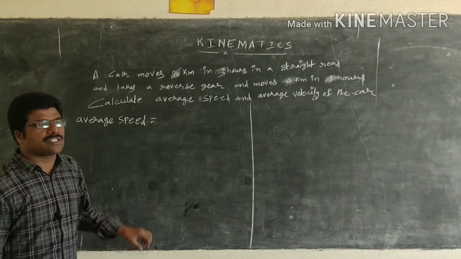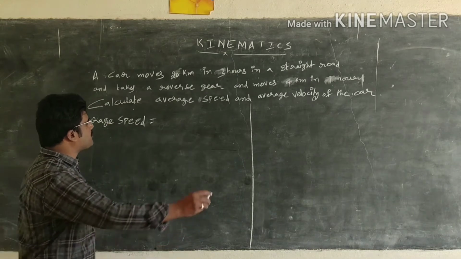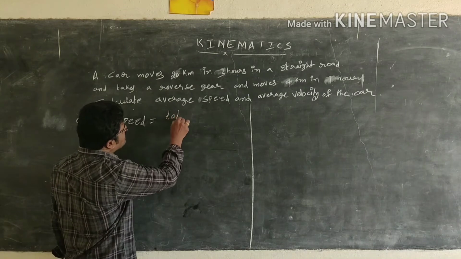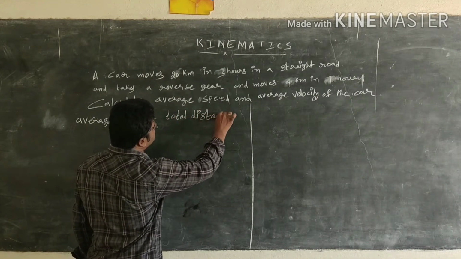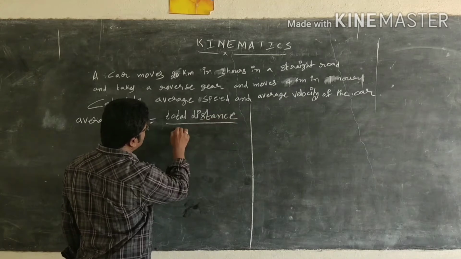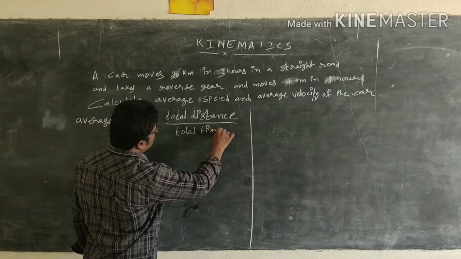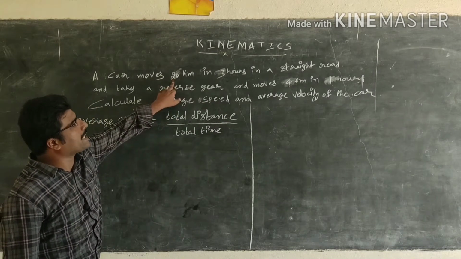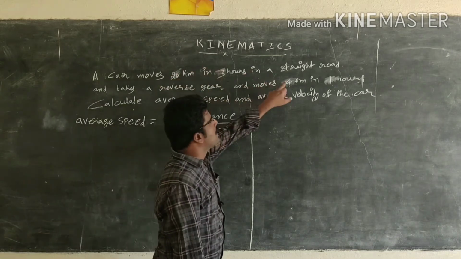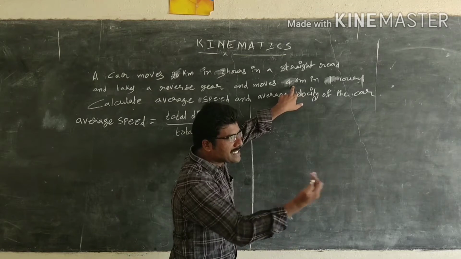In the last class, we discussed the formula for average speed. What is the formula for average speed? That is total distance by total time. Here, first it traveled 20 kilometers straight, and then traveled 4 kilometers back.